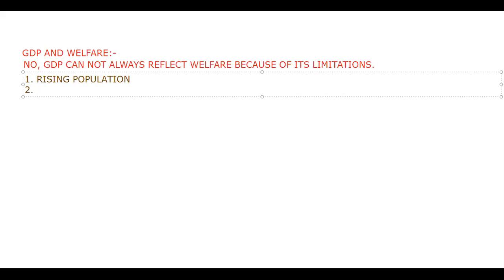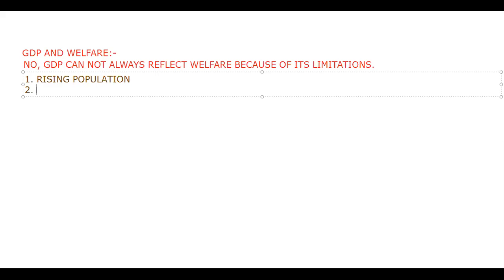Why will it not be taken as a welfare of the economy? Because rising GDP doesn't mean that it is showing the welfare for the economy if the population is also increasing side by side. Which means if we are demanding more and GDP is increasing, you should also see that demand is not increasing only because production is happening or we are exporting more abroad; it is happening because the demand for our products is also increasing due to more population in the economy.